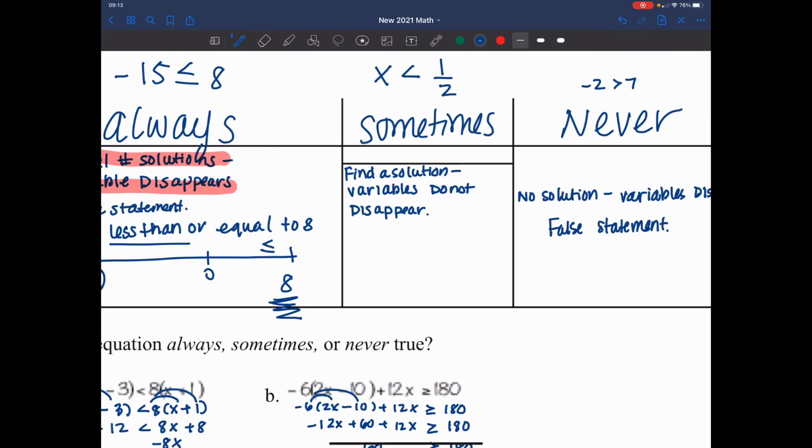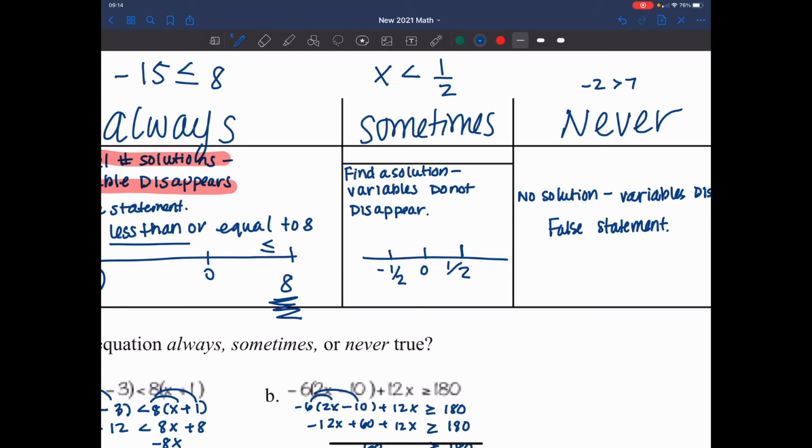So this is sometimes. So sometimes you find a solution and the variables do not disappear. So what this means is that when I have x is less than 1/2, I'm going to say that 1/2 is right here on the number line, and then I have 0. So we want to say that all x's less than 1/2.